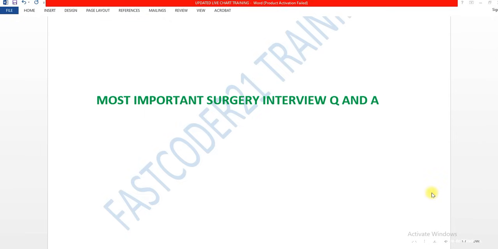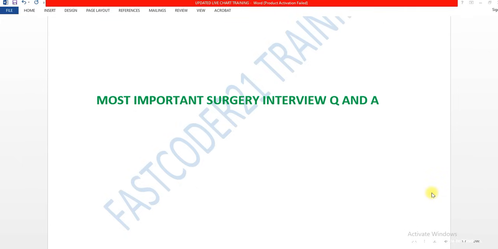So next, here they will not ask anything. So how do you code bunionectomy? First, what is bunionectomy? Surgical removal of a bunion. So bunionectomy is the process of removal of the bunion.